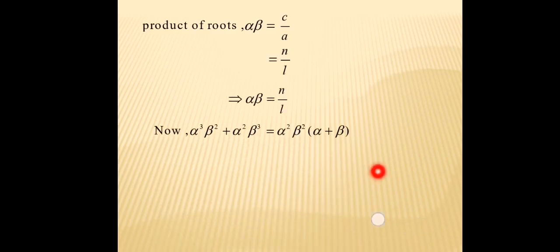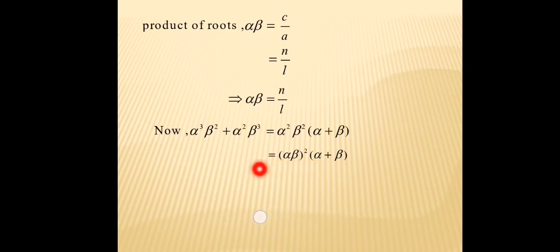Now alpha cube beta square plus alpha square beta cube can be simplified by taking out the common factor, that is alpha square beta square. We may observe that alpha square beta square can be written as (alpha beta) whole square. So we write it as (alpha beta) whole square into (alpha plus beta).